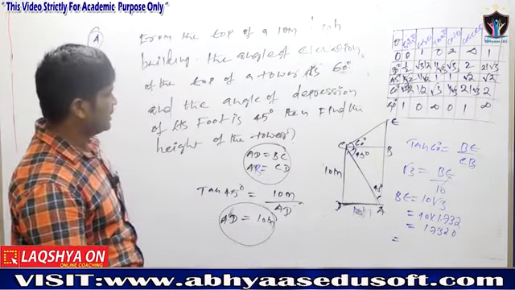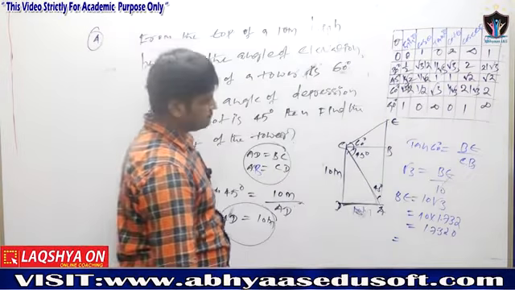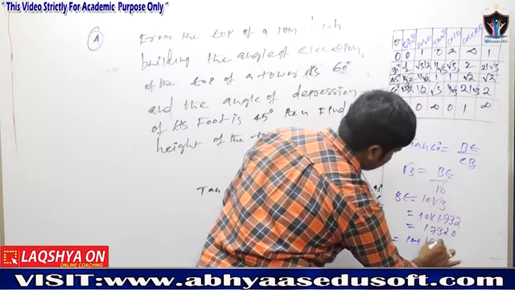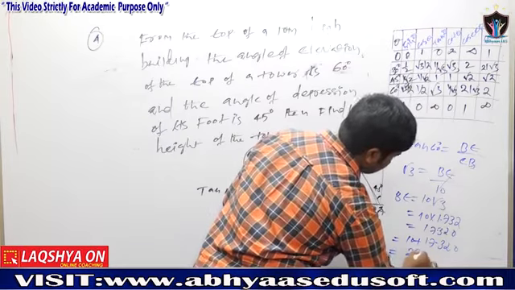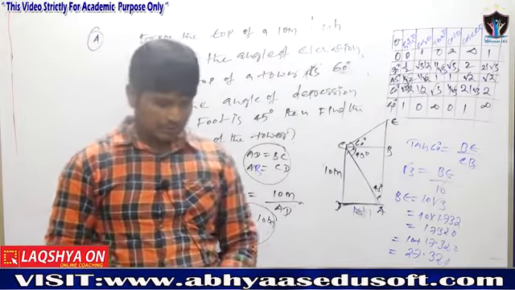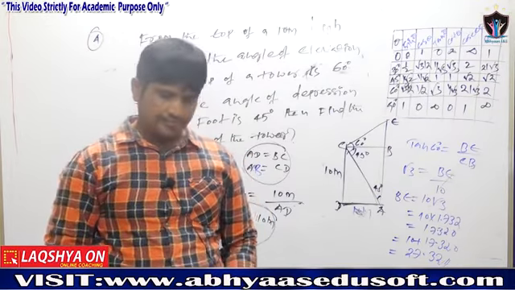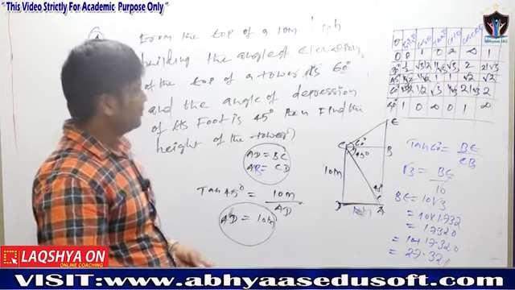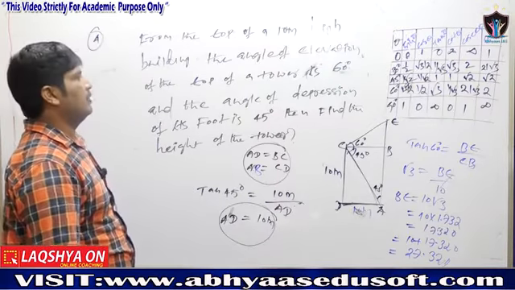AB is equal to CD, AD is equal to BC, so 10 meters plus 17.320, finally 27.32 we can take. So according to that we have to answer these kinds of questions in such a manner, and let us observe the next question.